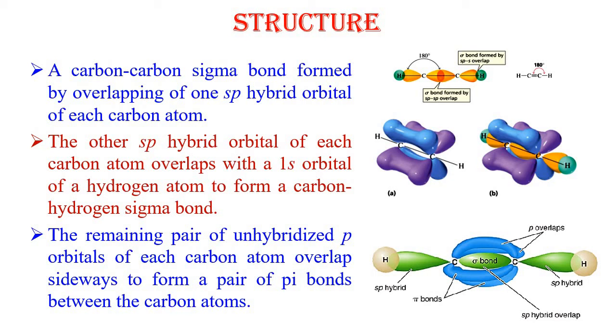The remaining two unhybridized 2p orbitals left over on each carbon atom overlap sidewise to form an electron cloud.